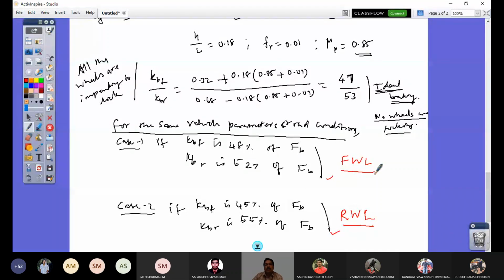Because the brake force distribution compared to the ideal condition is higher in the front in the first case, and in the second case, it is higher in the rear wheels compared to the ideal braking condition. Excellent, correct. But how does that make you intuitively think that this would happen?